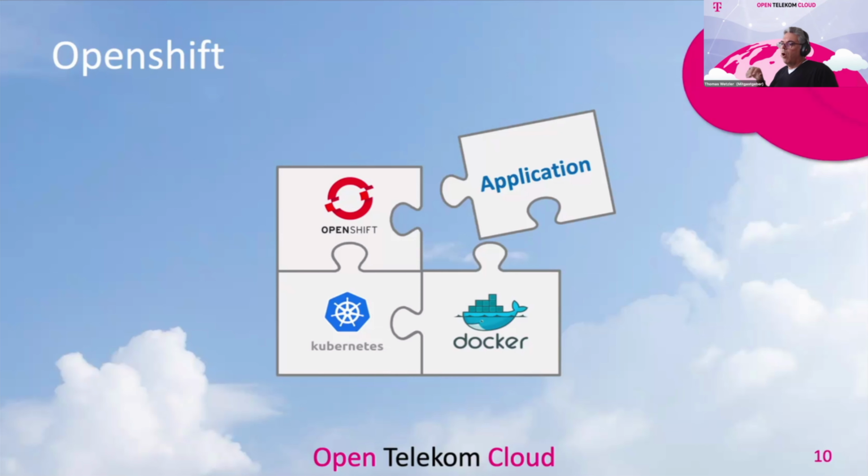And on that, the customer then comes in, bringing in his own development, symbolized here by the piece application of this puzzle, which fits together so that you have a finished puzzle where you can run your application and where your microservices are controlled completely by the landscape, by OpenShift.